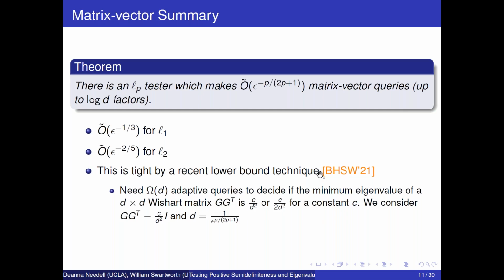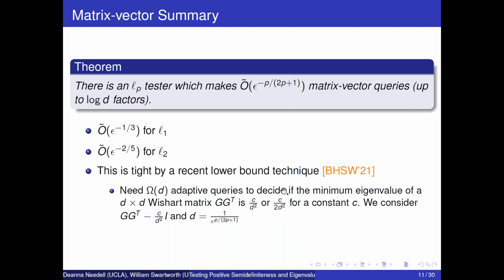What this paper shows is that you need roughly d queries if you have a d by d Wishart matrix. So G is d by d, so GG transpose is d by d. You need roughly d adaptive matrix vector queries to decide if the minimum eigenvalue is some constant C divided by d squared or the constant C divided by 2d squared. The top eigenvalue of GG transpose is very well concentrated using random matrix theory, but the bottom eigenvalue, this dth eigenvalue, is very anti-concentrated.